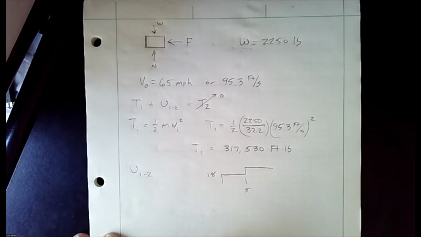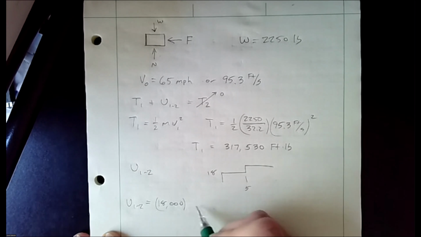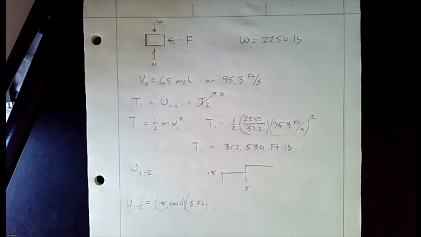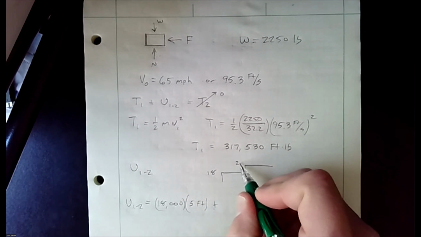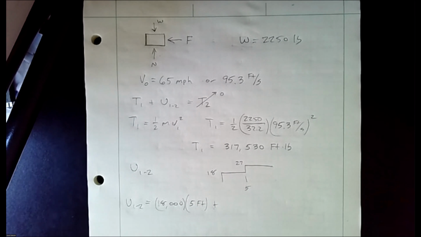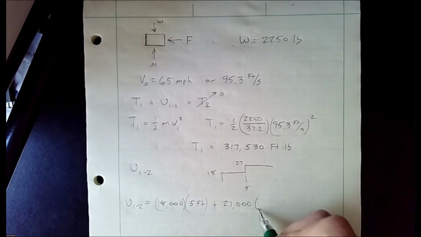So U1 to 2 equals 18,000 times 5 feet. We're going to assume it's going to absorb all that, and then it jumps up to 27. So we're going to say plus 27,000 times d minus 5.